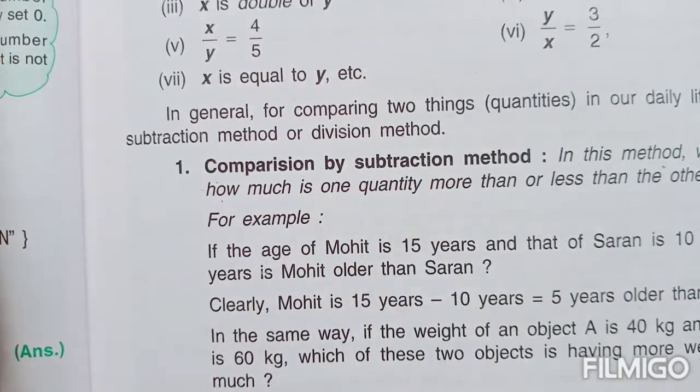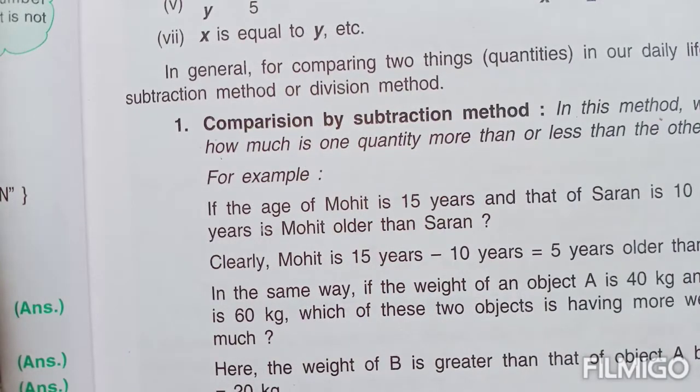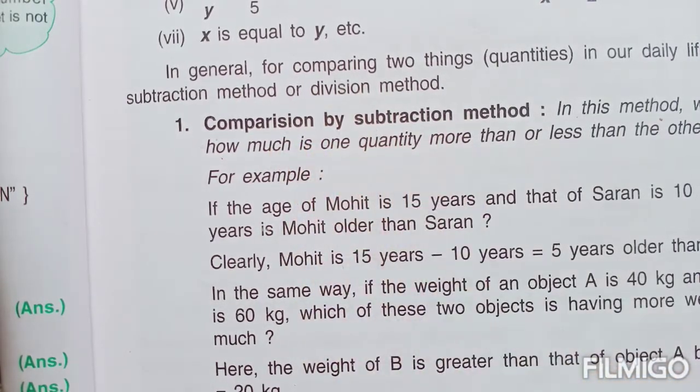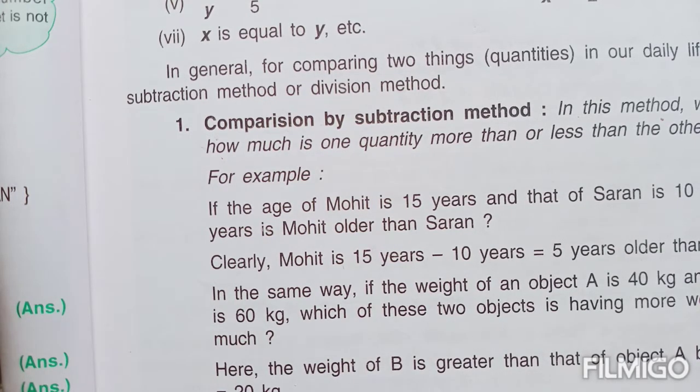That is, comparison by subtraction or comparison by division. In comparison by subtraction, we come to know how much one quantity is greater than or less than the other.